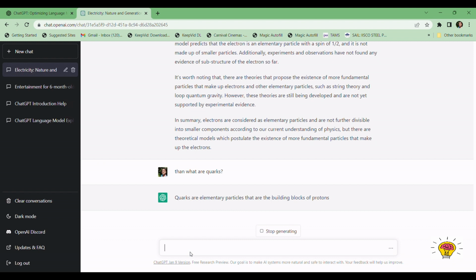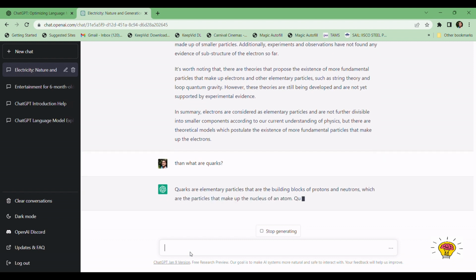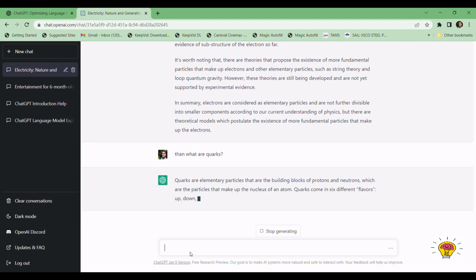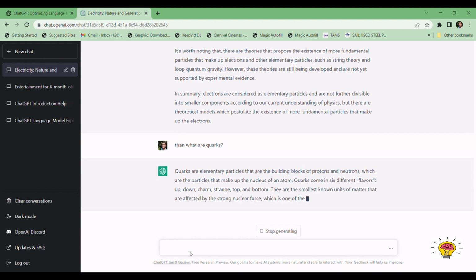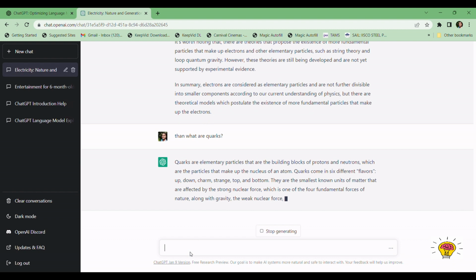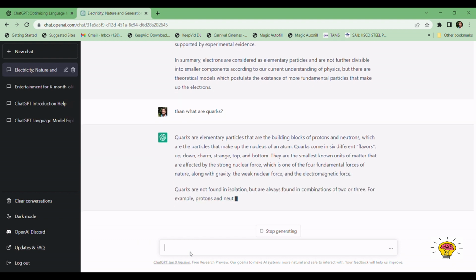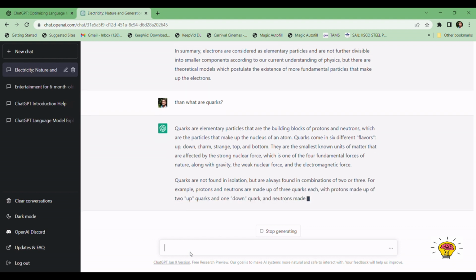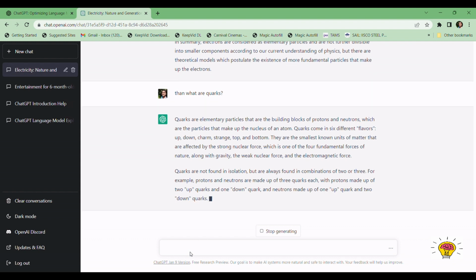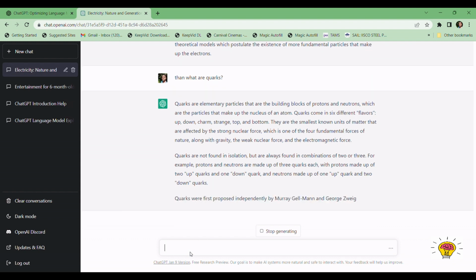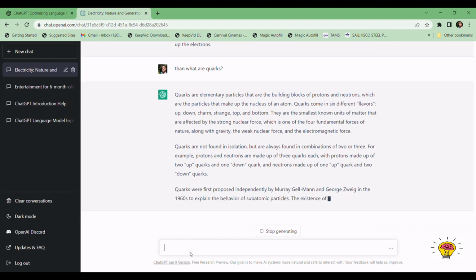Quarks are elementary particles that are building blocks of protons and neutrons, which are particles that make up the nucleus of an atom. Quarks come in different flavors: up, down, charm, strange, top, and bottom. They are the smallest known units affected by the strong nuclear force, which is one of the four fundamental forces of nature along with gravity.